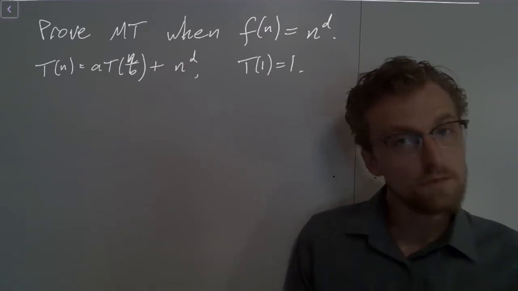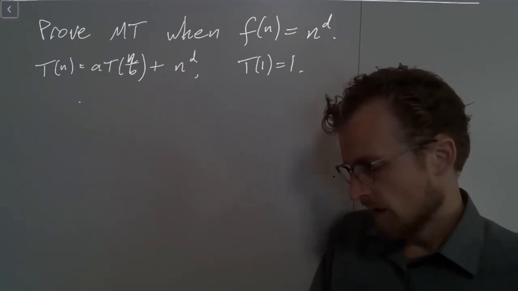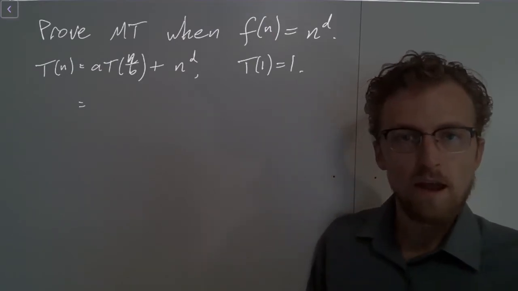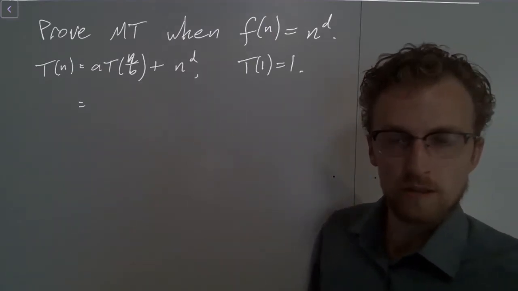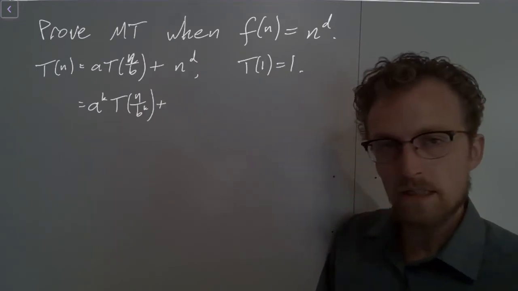All right, it's not difficult, and I'm going to skip a lot of the gory details. It's not difficult to show the following, that this can be written after k recursions as a to the k times t of n over b to the k plus the following summation.